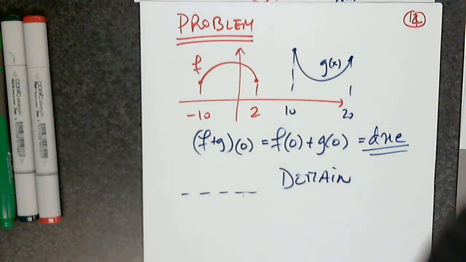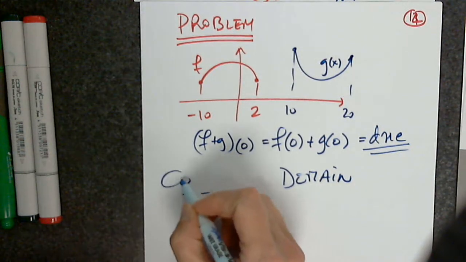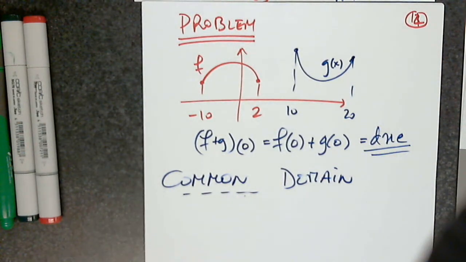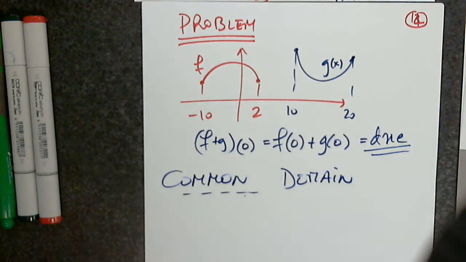What type of domain should they have so that I can create the sum, difference? Because if they don't exist at the same time, exactly, thank you, that's the word: a common domain. Very good. If they don't have a piece, at least a tiny one, of a common domain, I can't create the sum, difference, product, ratio and so on and so forth.